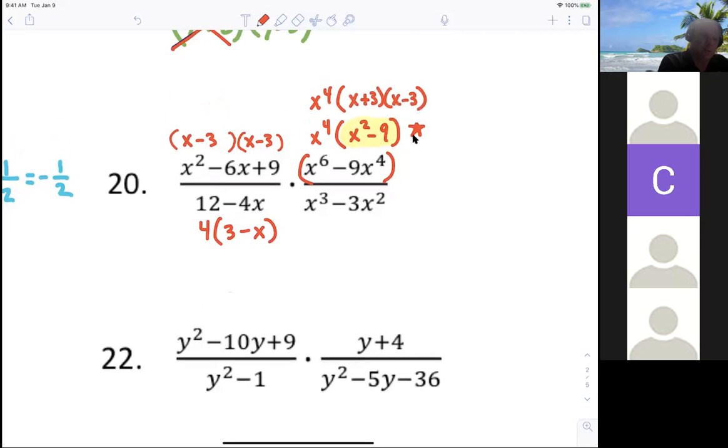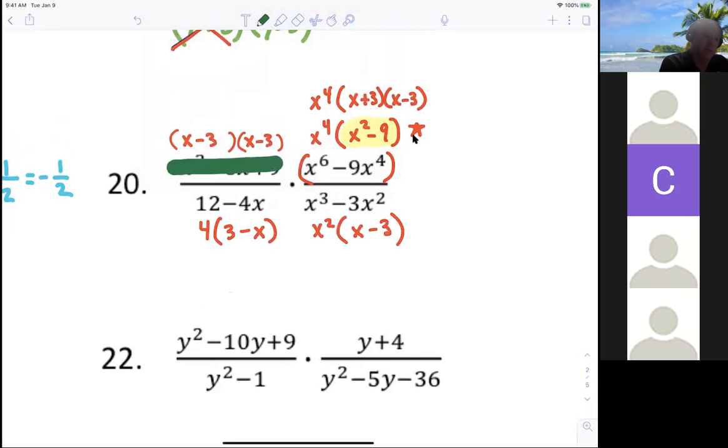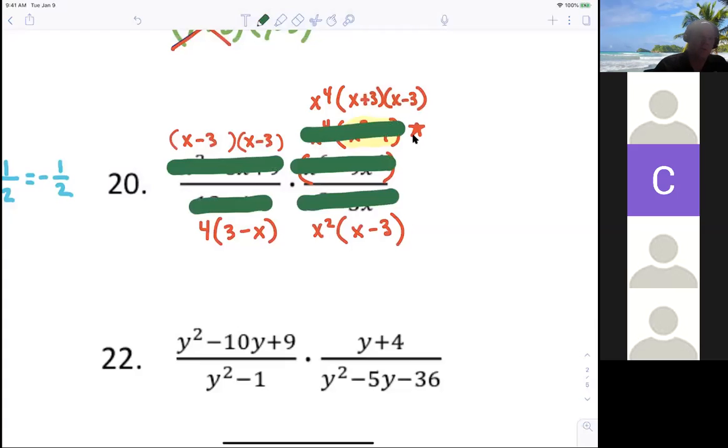And on the bottom, x squared, x minus 3. Now again, what I like to do is cross them out so my eyes don't look at this one, this one, this one, here or here. Hopefully everybody understands what I'm saying.